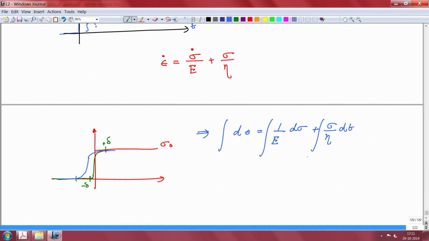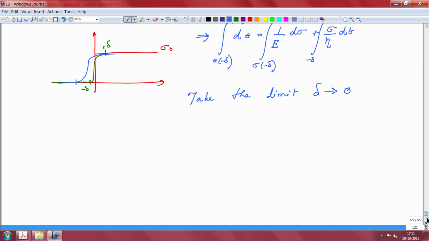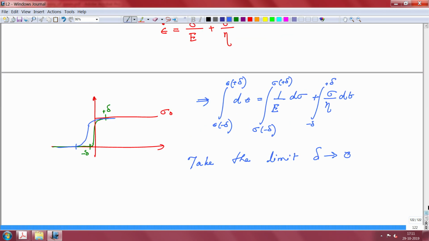And we are integrating in time from minus delta to plus delta. In this case, you have sigma at minus delta, and you have sigma at plus delta. The appropriate condition is, right, and then take the limit delta tends to 0. So, what you will end up with is the jump condition, right.